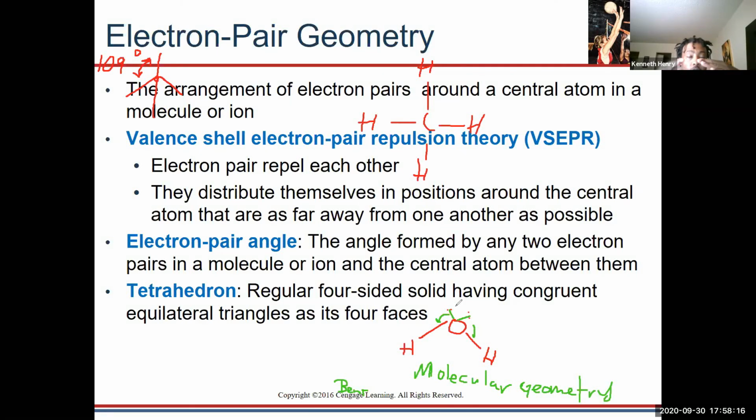All you see are the attached atoms, and so you get a bent structure. For the electron pair geometry, you have 1, 2, 3, 4 attachments. It recognizes that there are 4 attachments, so the electron pair geometry would be tetrahedral.